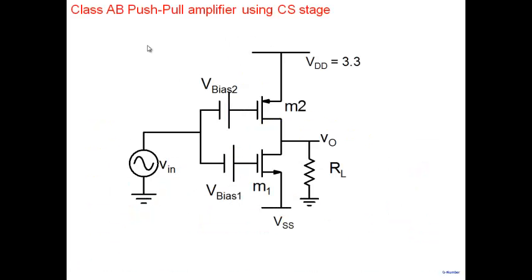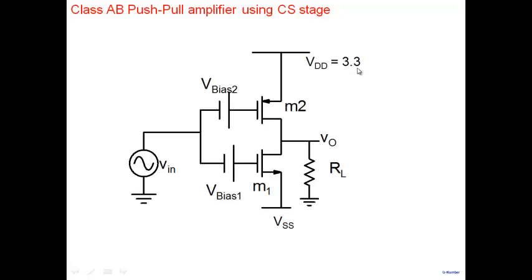Let me skip here and come to a class AB push-pull amplifier, which is now built using a common source stage. I need not use common drain; I can also use a common source stage here. It's a similar one. When I don't apply any input, Vin is 0, I want my transistor M2 to be off. This is 3.3, so I need to apply a voltage which is 3.3 minus Vt.